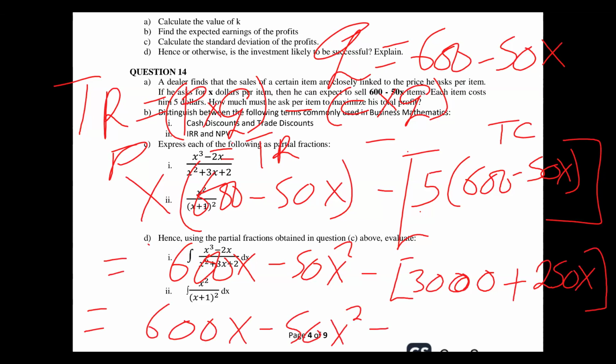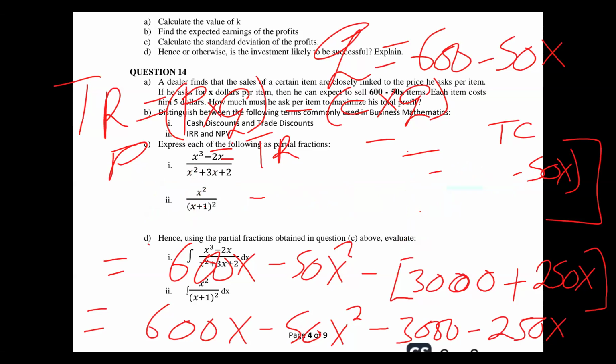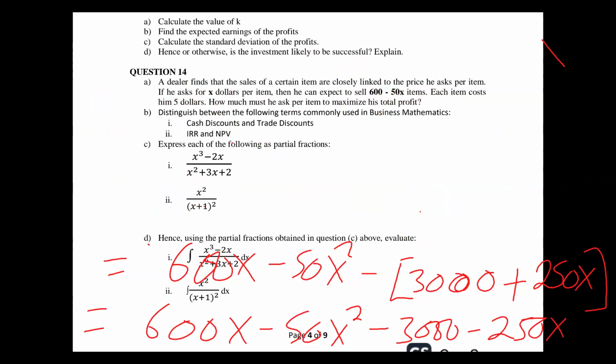What we're doing from here now is basically to simplify the function, the total profit function. That's what we are looking for. Let's simplify, collect like terms together. You shall have negative 50x squared. Then 600x minus 250x is what? What is 600 minus 250?